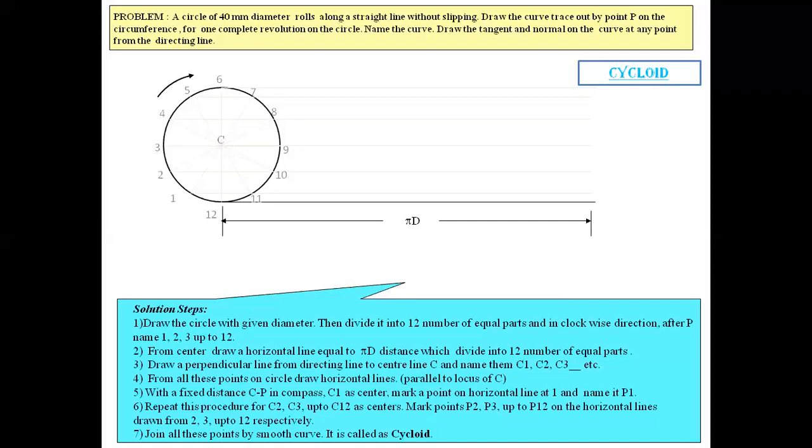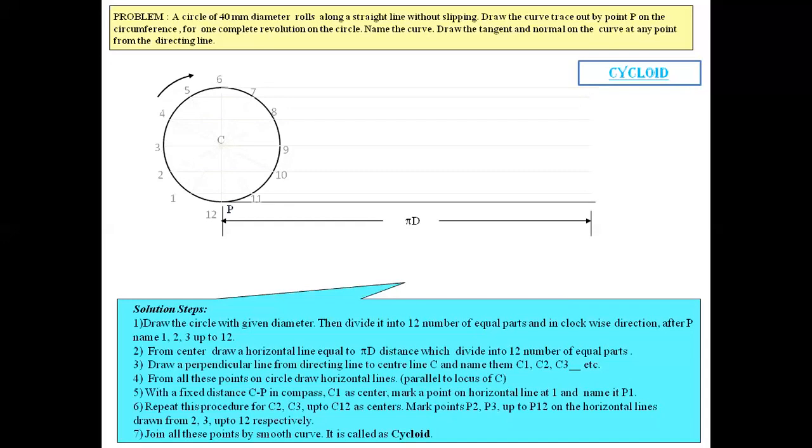This dimension, 125.6, is not easily divided into 12 equal parts, but we divide it into the same number of divisions as the rolling circle. That means 12 equal divisions in the rolling circle, and the same number, 12 equal divisions, in the straight line.